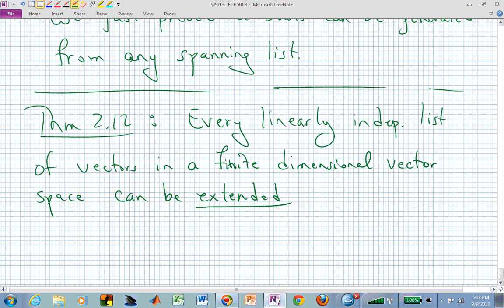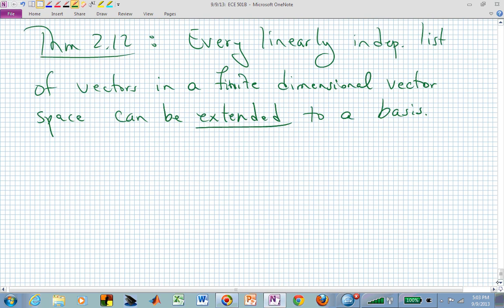Now we're building up from linearly independent. Can be extended to a basis. What's our proof?